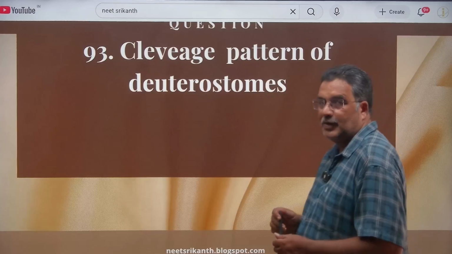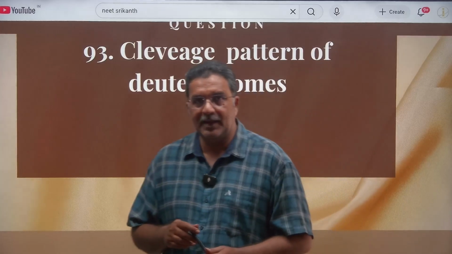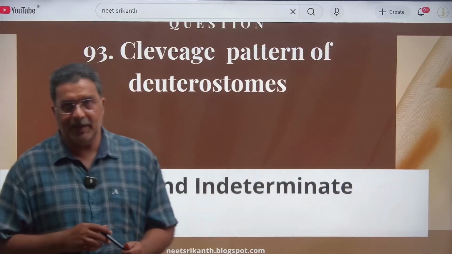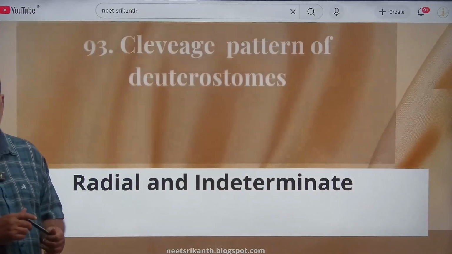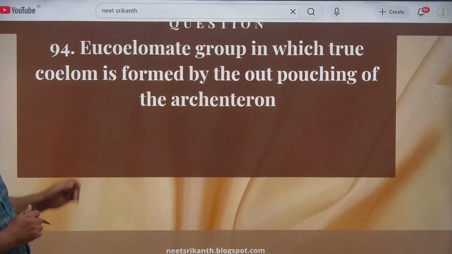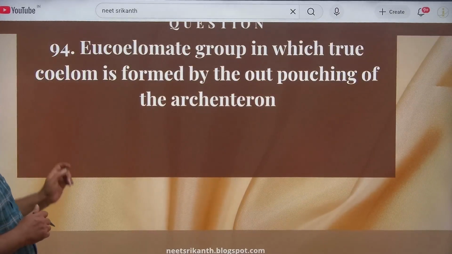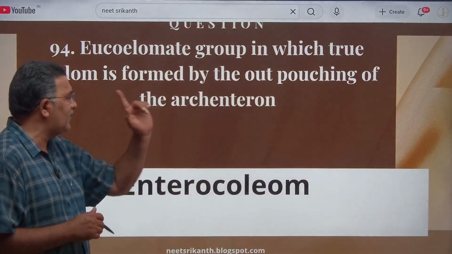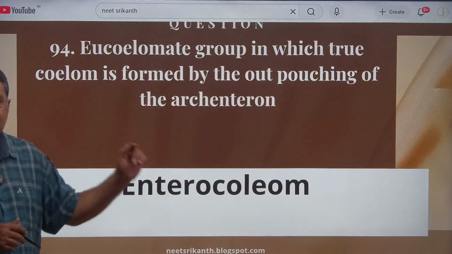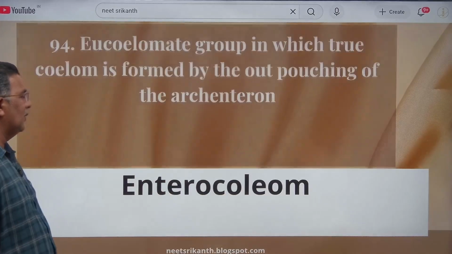Cleavage pattern of deuterostomes is radial and indeterminate. Eucoelomate group in which true coelom is formed by the outpouching of archenteron. Who is that? Enterocoelom.